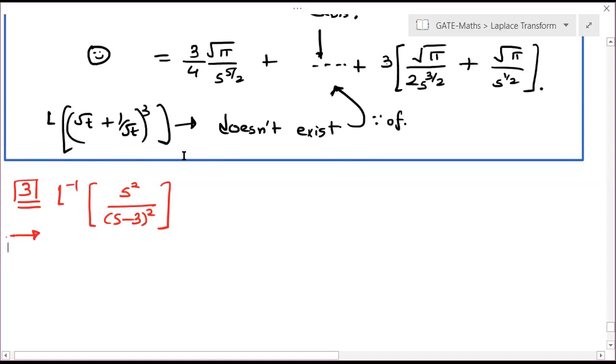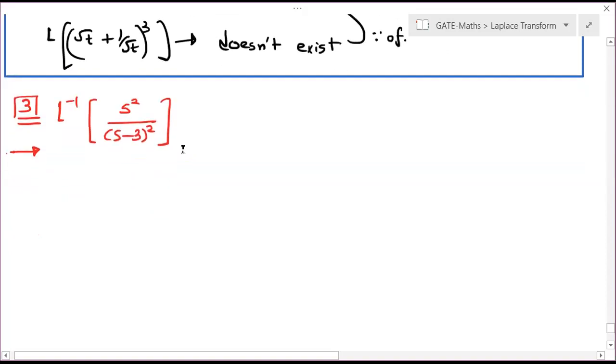If I have to transfer s minus 3 into s, that means my s will be transferred to s plus 3. So this will become s square, and above I'll be having (s plus 3) whole square.